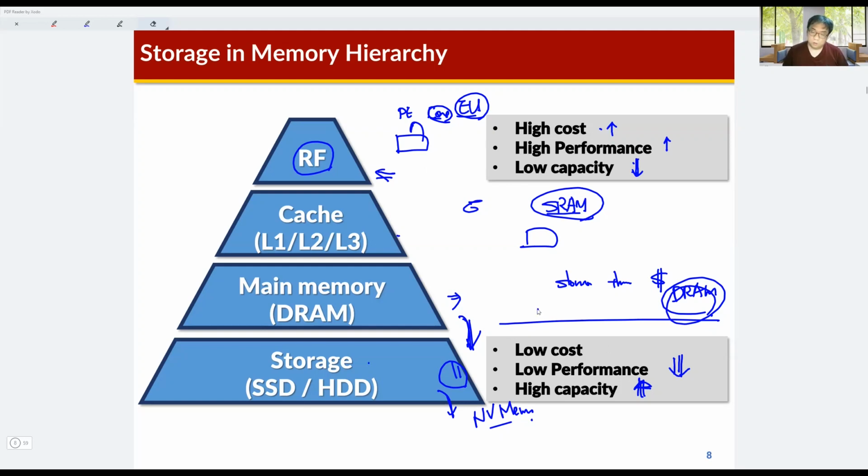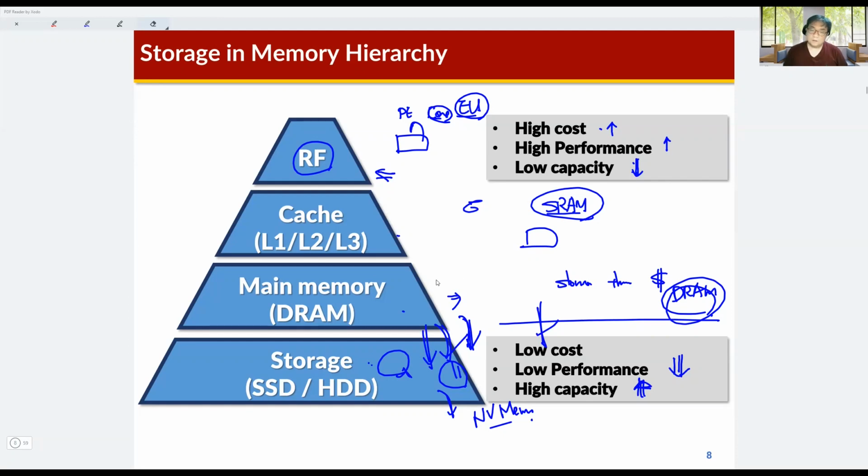But for the lower level memory, like storage or DRAM, the density is very high, which means the cost is low, but the performance is also low. So that's why we locate the storage in the very low level of the memory hierarchy.